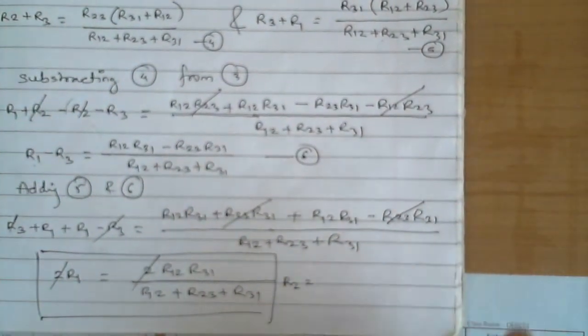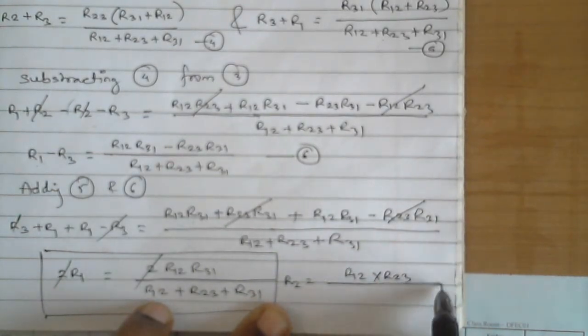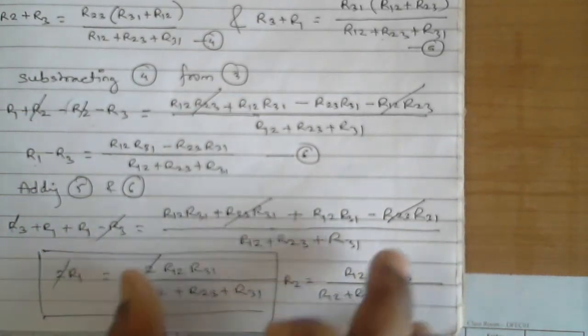Now this is very easy. What we have to do is use the previous equations. I will write down R2. R2 is R12 into R23 divided by R12 plus R23 plus R31. I will multiply these two equations, R1 into R2. Okay, let's see.